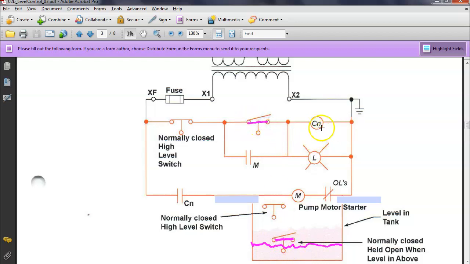That'll close this switch right here. We got power all the way over to CN. CN will energize. When CN energizes, this contact will close. M will come in, right? That'll seal that in right there. So this guy seals in. So now we got a secondary path for current to get over to our relay. Then when this comes up here and gets up above, this switch opens.